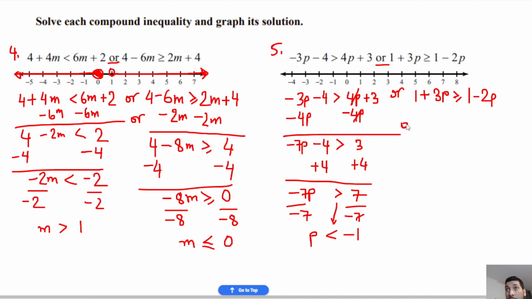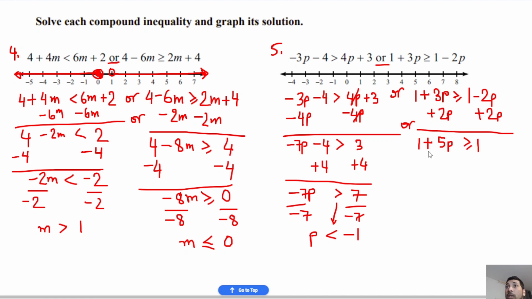Let's try this one. We have 1 plus 3p greater than or equal to 1 minus 2p. We have to take this 2p to the left side, so we add 2p since the sign in front of 2p is a minus. So adding 2p on both sides, we get 1 plus 5p greater than or equal to 1.